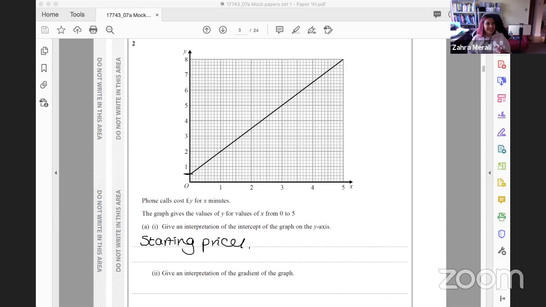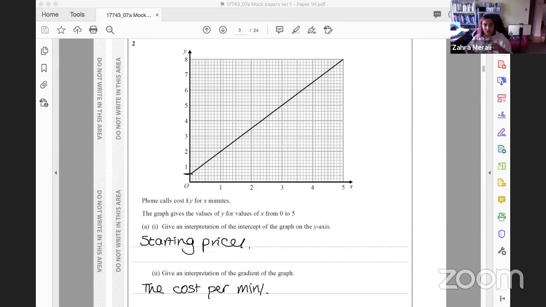It then says, give an interpretation for the gradient. Now the gradient is the slope, and that tells you for every time you go 1x up, how many y's do you go up? In the case of a phone, it's every single minute that you use the phone, it's the cost that you pay. So the important thing is this is the cost per minute, right?